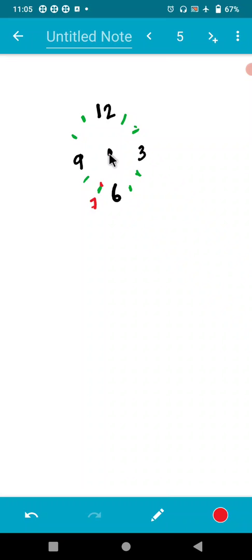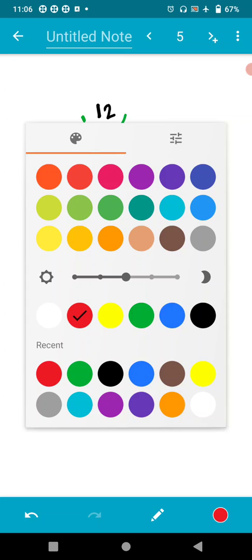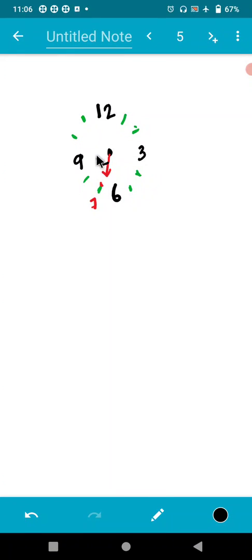So it is facing 7. Now it has to move 12 steps, 1, 2, 3, 4, 5, 6, 7, 8, 9, 10, 11, 12. So it will come back to 7 only, isn't it? So the direction will be shown here. This is what you have to show. Okay, this is 360 degrees, or you can say 4 right angles, or you can say 12 steps.